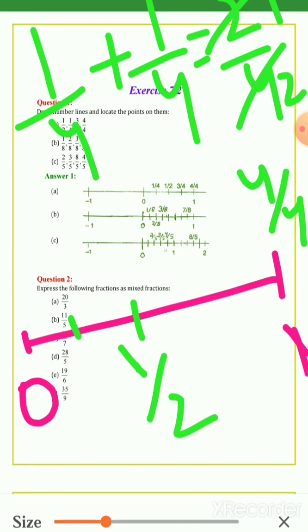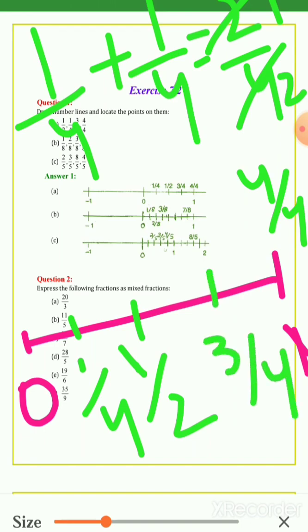So 1 by 4 will come here, and here will come 3 by 4. As you can see, 1 by 4 is less than 1 by 2, so you can fix in your mind that 1 by 4 will always come before 1 by 2.